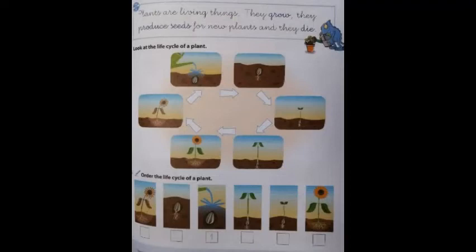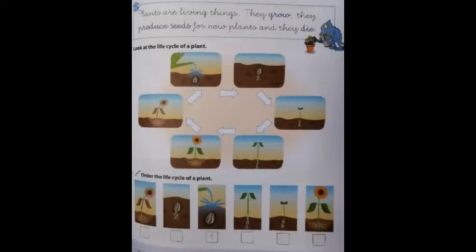Then 2 leaves are up. In the next one, those 2 leaves are bigger. And then we have a sunflower, a beautiful sunflower. That sunflower dies, and in that moment, the seeds coming from the sunflower begin to drop, and the cycle begins once again.